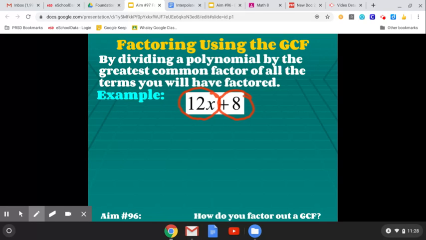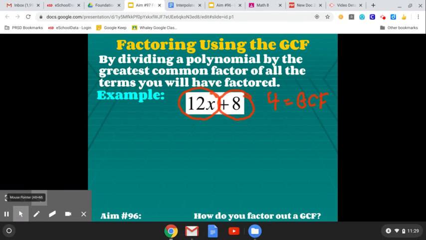What's the biggest number that can be divided into each of them? If you said 4, you'd be absolutely right. So we say that 4 is our greatest common factor, or GCF. They both don't have an x, so 4 is our only GCF here.